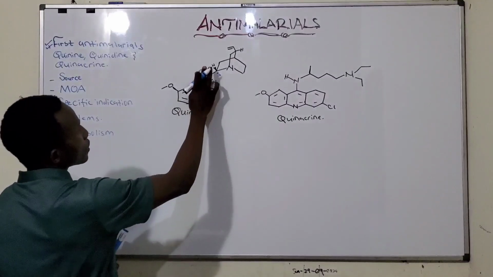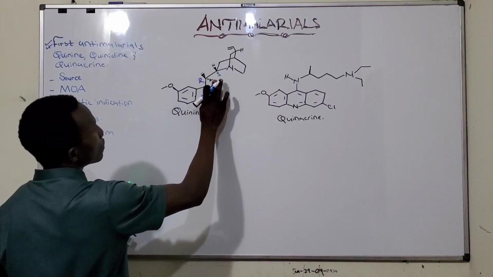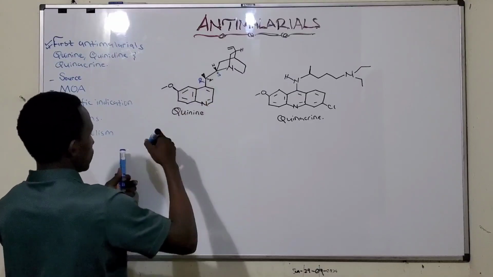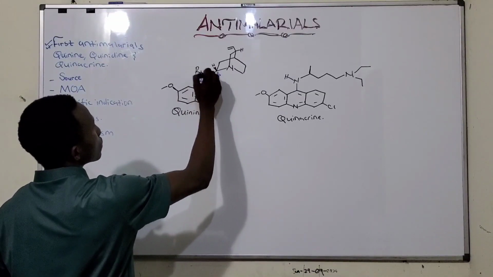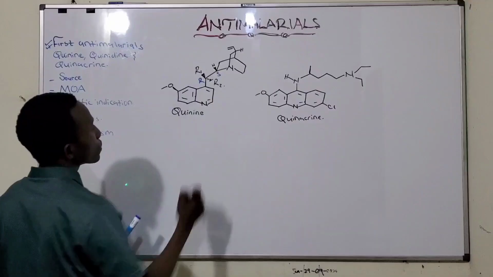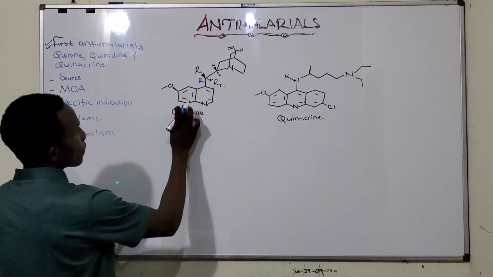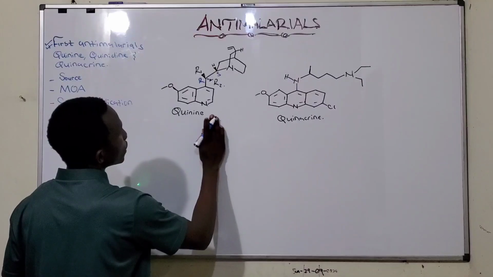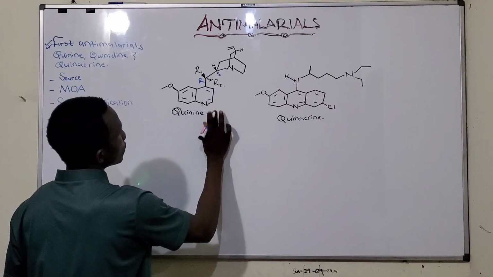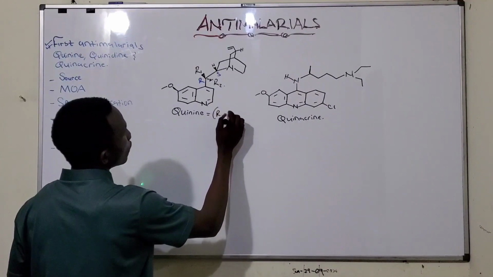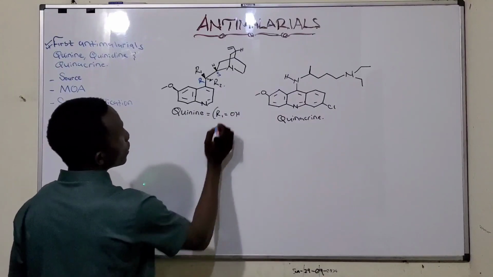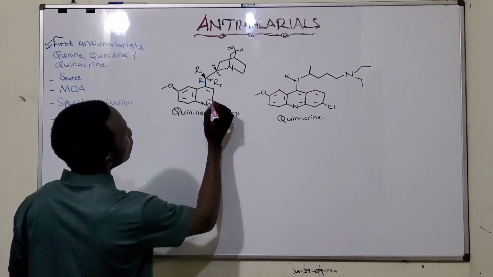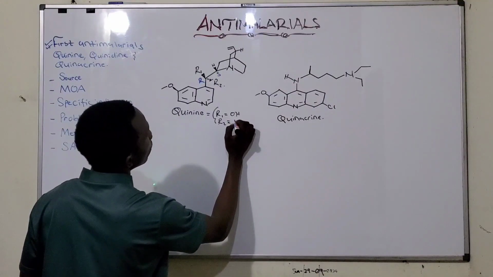Let's make this one R1, this one R2. So it means that for quinine, at R1 we have OH, then at R2 we have hydrogen.